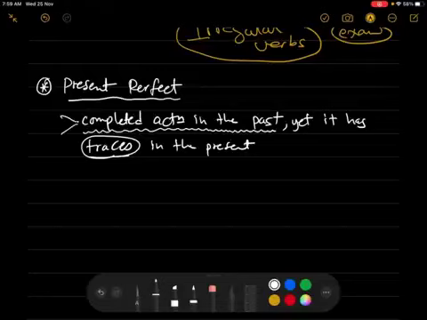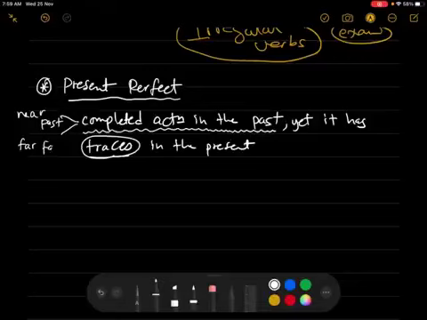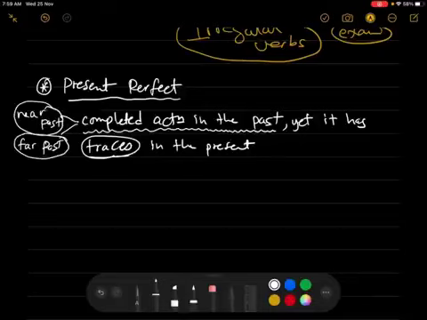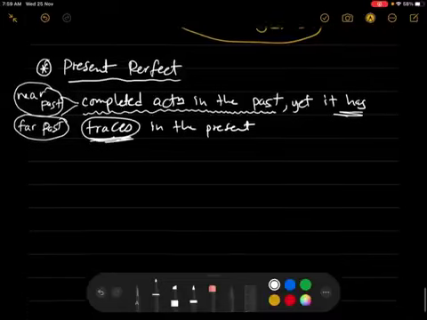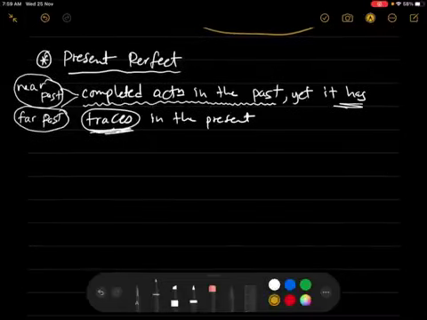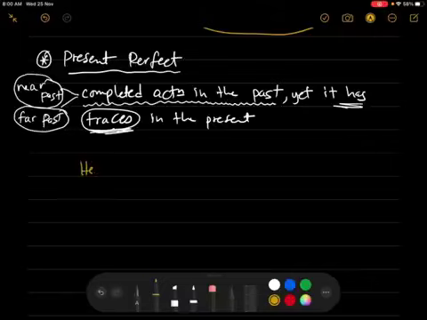Okay? This completed action may be in the near past or in the far past. No problem. The most important thing is that it has traces in the present. آثار في الحاضر. Okay?